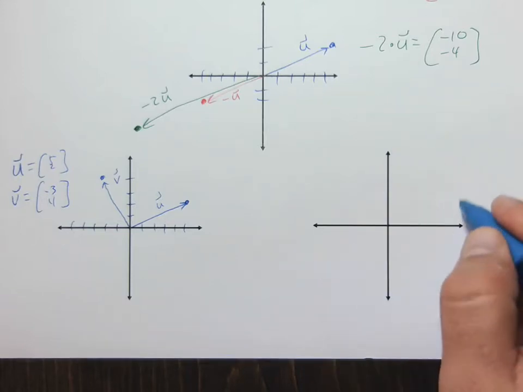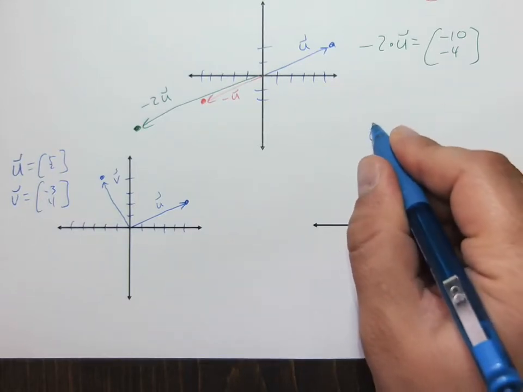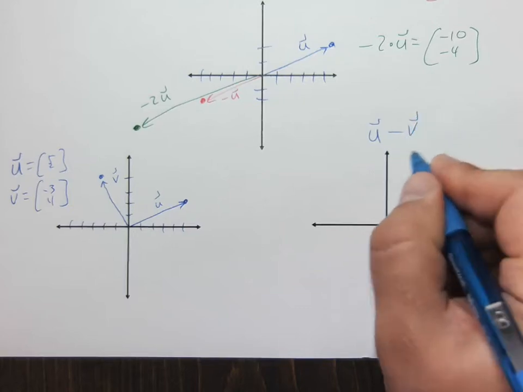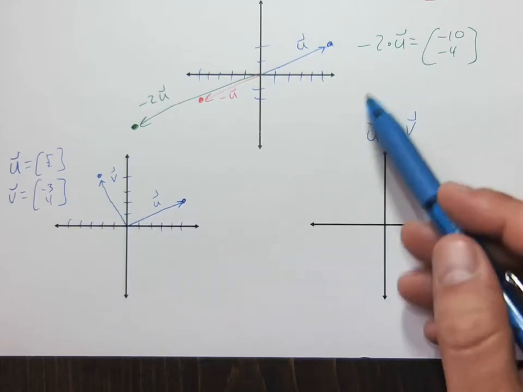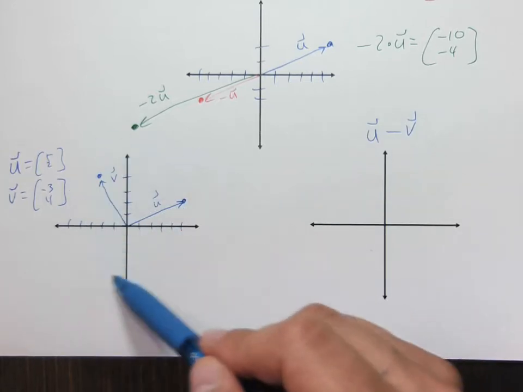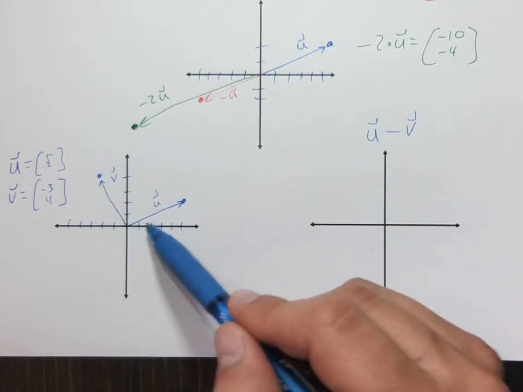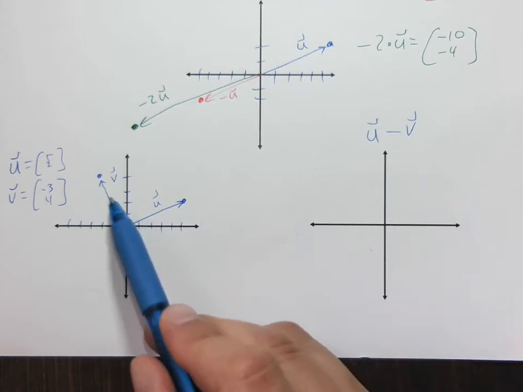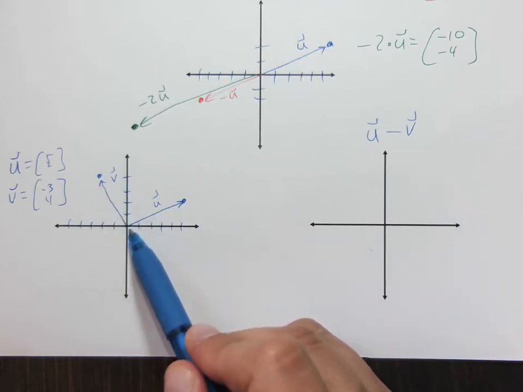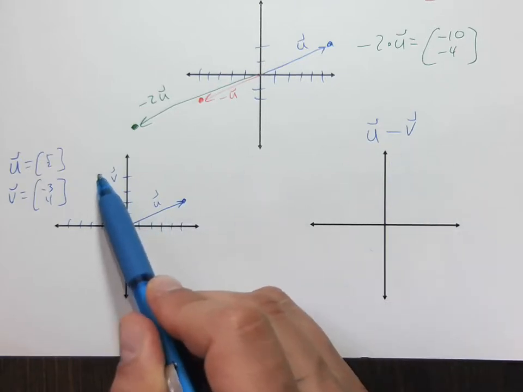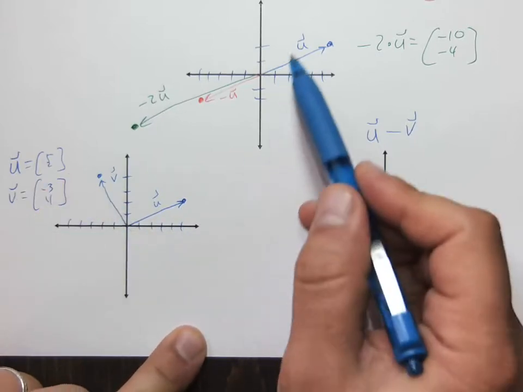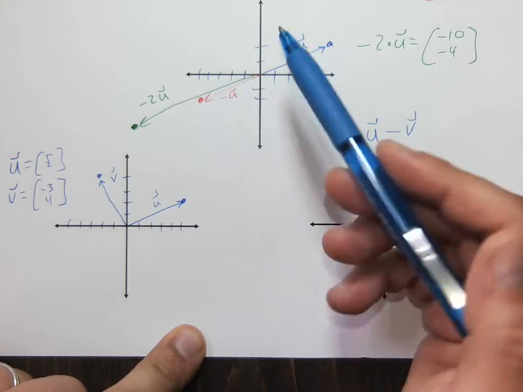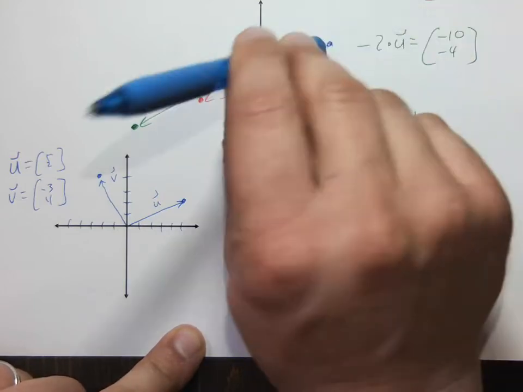Over on this graph, what we're eventually going to do is u minus v over here. Before we do that, let's combine them together on this graph, and then we'll redraw what it actually looks like over here. So v is this, right? Then minus v is going to be this exact thing, but flipped over this way, because we just learned that if you multiply by -1, it takes a vector and flips it around the other way.